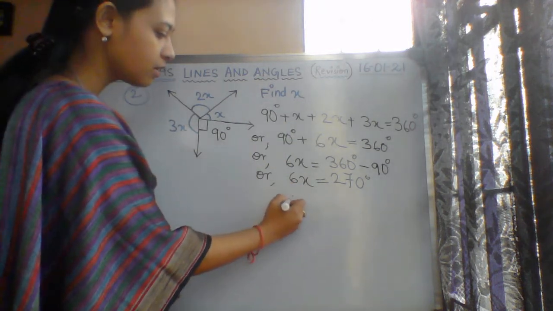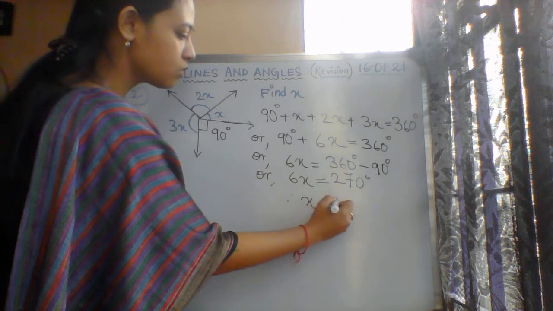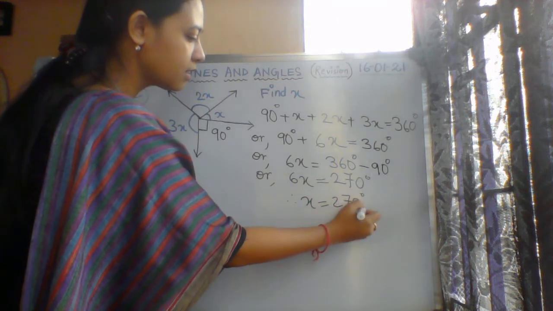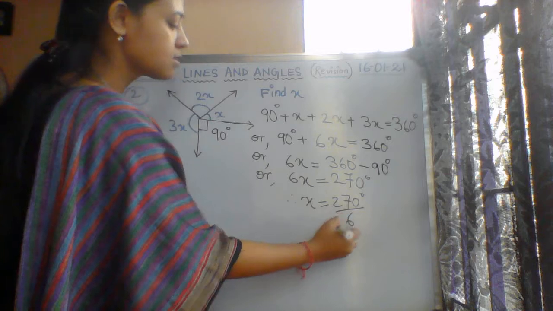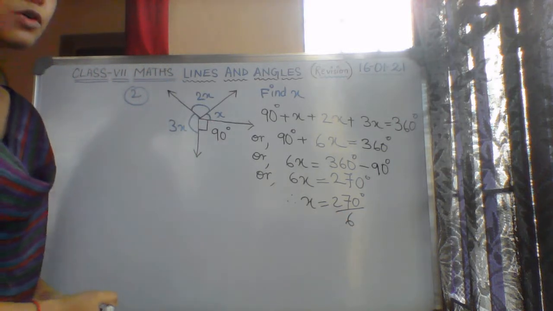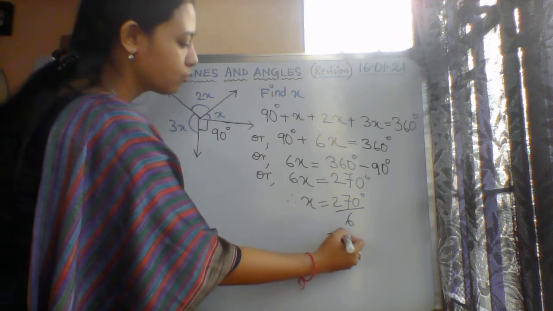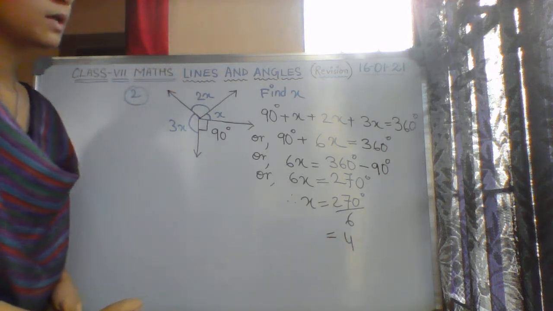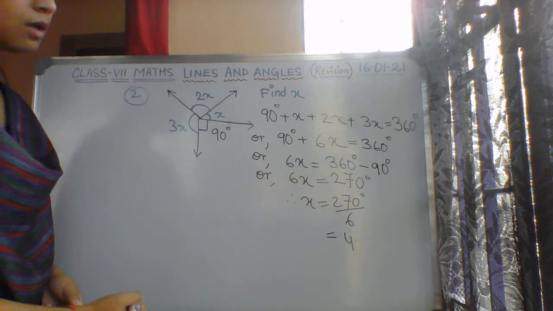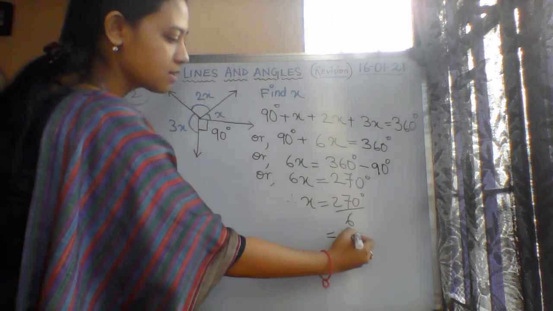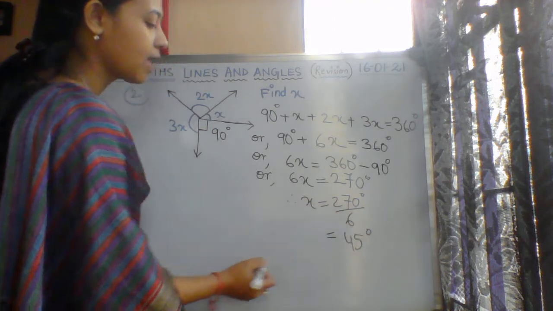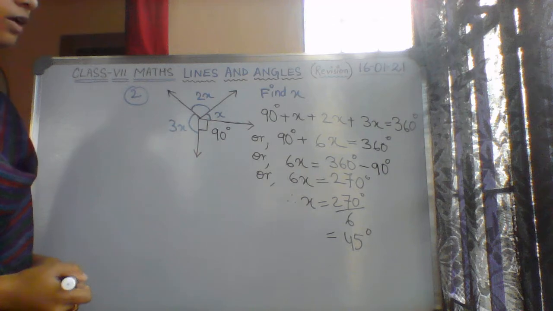Since x is in multiplication with 6 over here, if I change the side, it will go to the division part. Therefore, x will be equal to 270 degrees by 6. Now divide this: 6 fours are 24, remainder 3, so 30, 6 fives are 30. So the x value comes to 45 degrees.